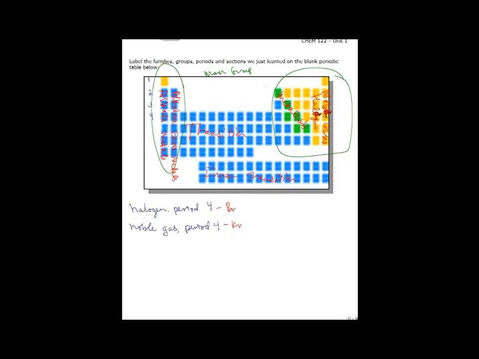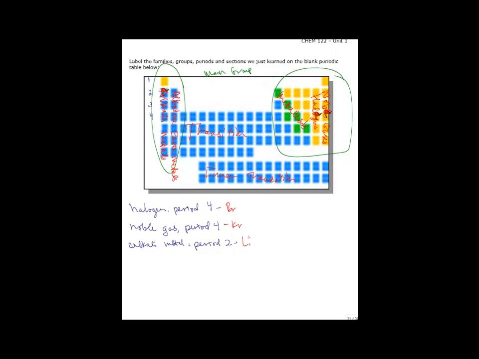And if I asked, let's see, alkali metal, period 2. What would that be? So alkali metal, period 2, right there. That would be lithium.